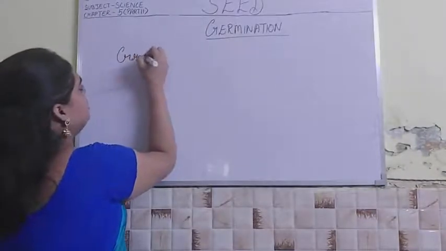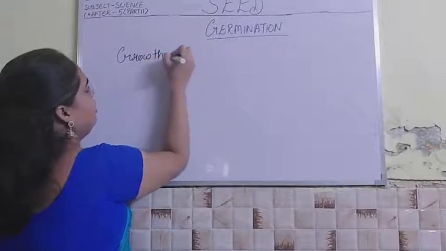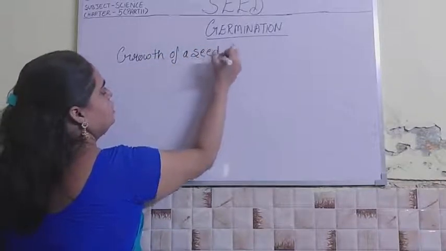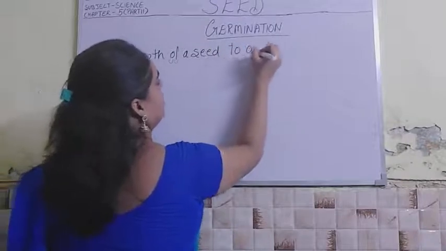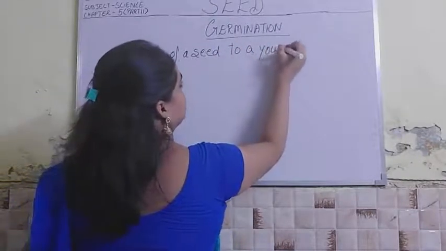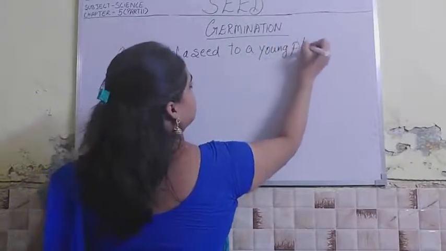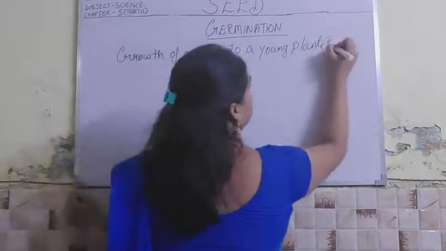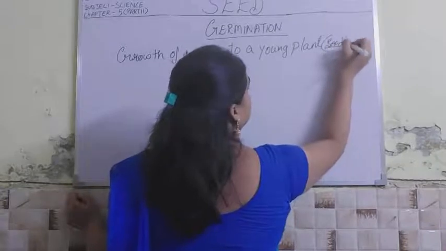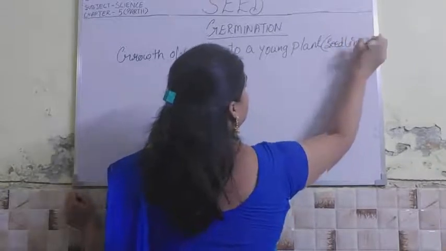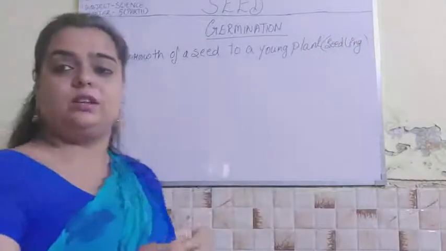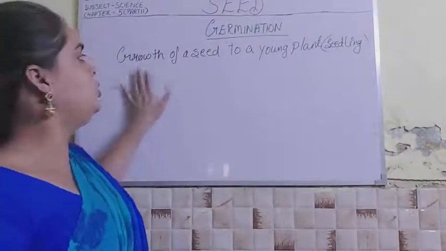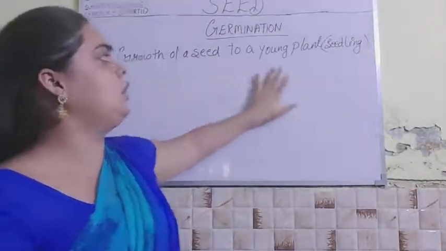Growth of a seed to a young plant. And children, the young plant is called a seedling. Okay, what is germination? Germination is the growth of a seed to a young plant.